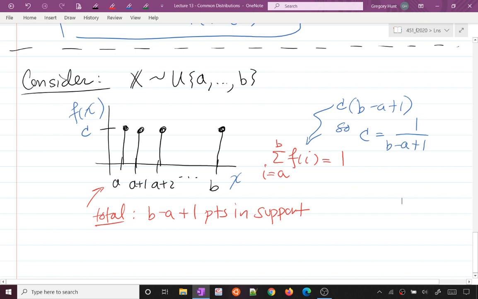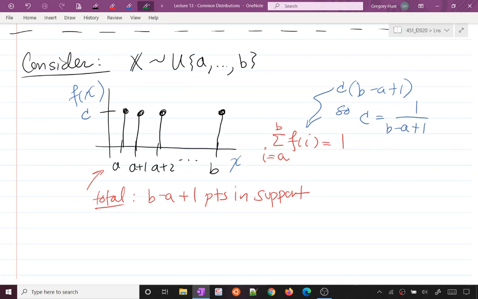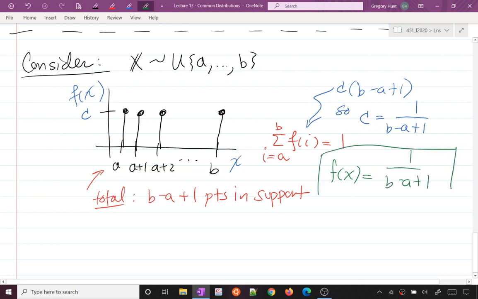That is to say, f of x is 1 over b minus a plus 1 for x equal to a plus 1, all the way up to b. So it's basically a similar kind of distribution, but we're just shifting it. Now, instead of going 1 to n, it's going a to b.